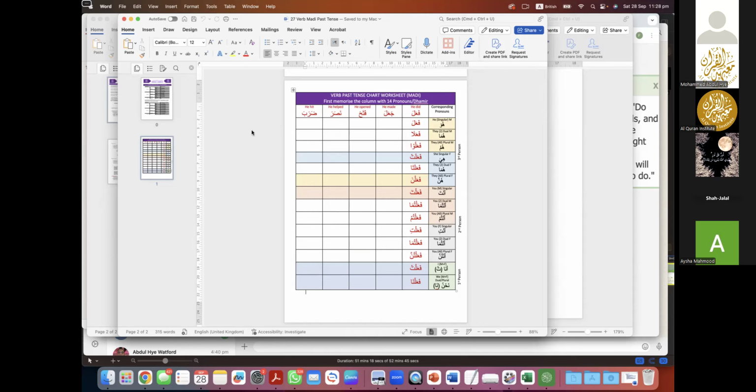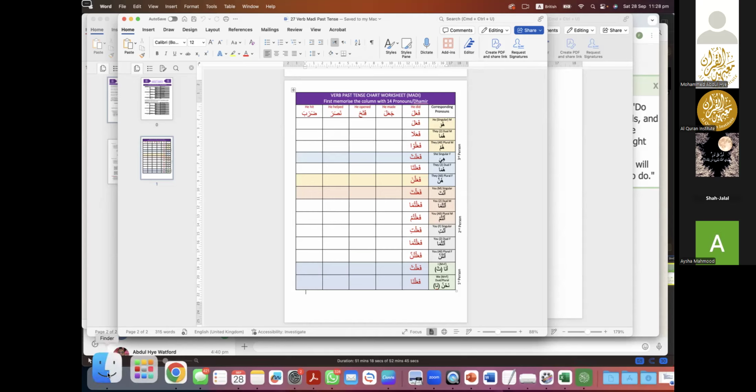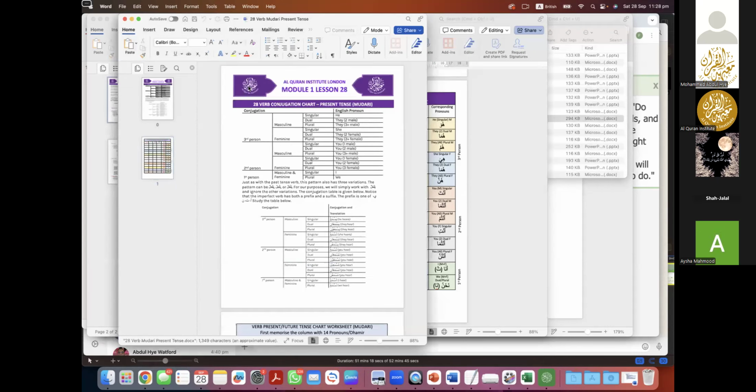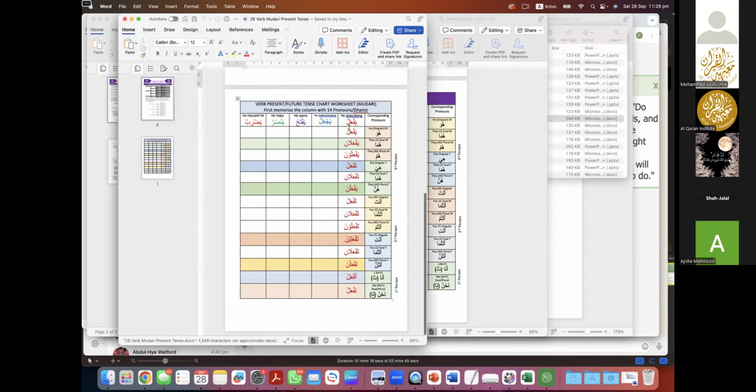This chart, and it is lesson 27, Ustad, okay? And then 28. Yeah. You will be doing exactly the same. Nothing on this lesson, only memorization of this. Yaf'alu, yaf'alani, yaf'aluna, okay? Continuously like this, memorize it, and then test it, write it, go over it.